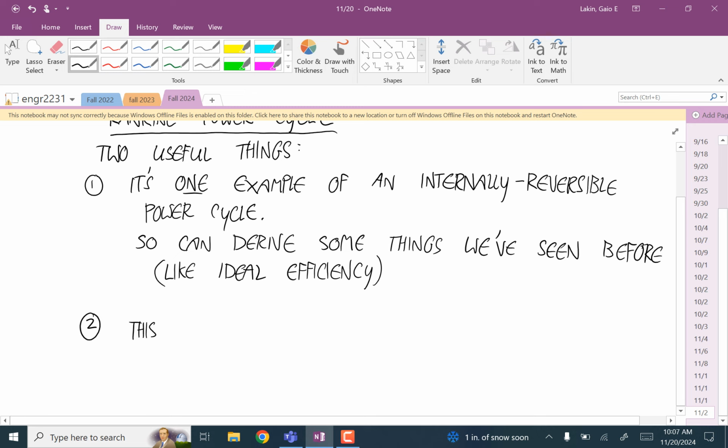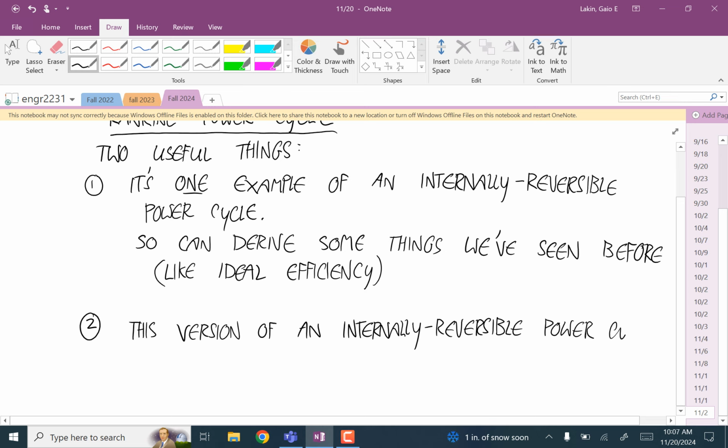But this version of an internally reversible power cycle is actually used, so this is also practical information about what's out there.